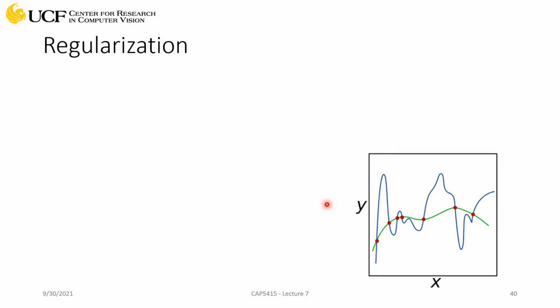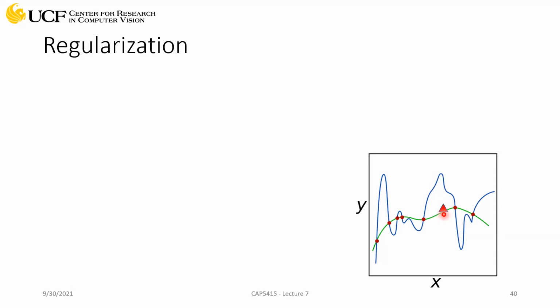Now, this is an example, as I showed you earlier: the blue one is overfitting, and the green is, you can say, a perfect fit. Given a testing sample shown by a triangle point here, if you use the overfitting curve, then there is a huge gap between the curve and this point, right? So you're going to get a very high loss, which means that this blue is not a good curve.